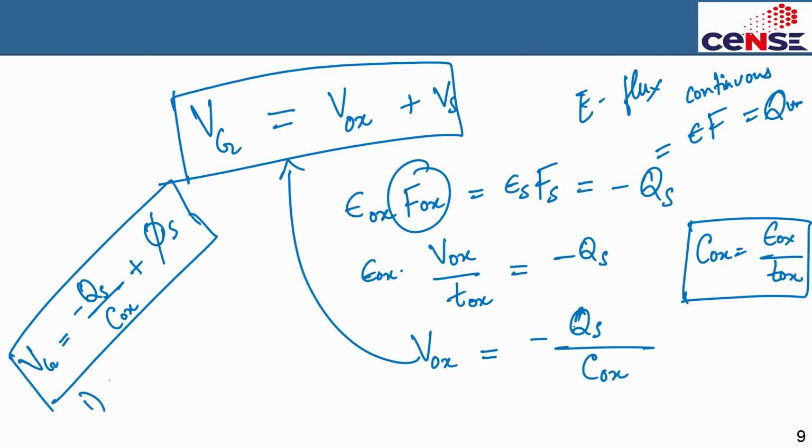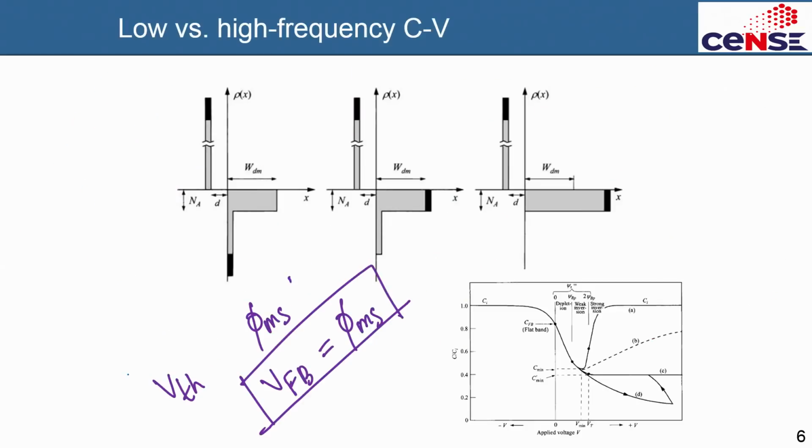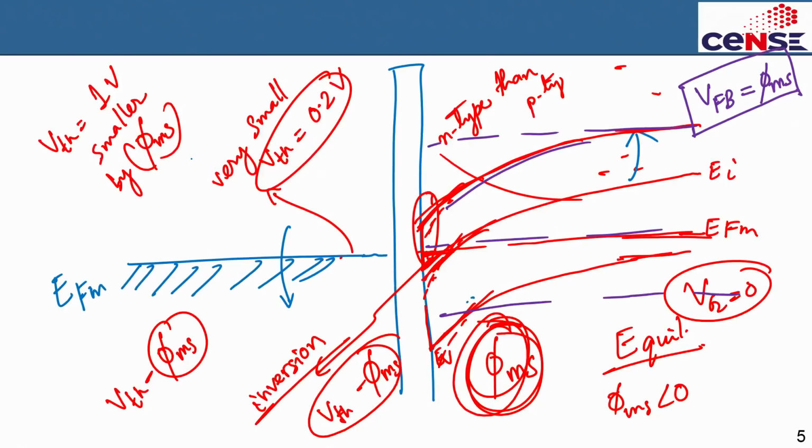Now first thing is that we should know the total capacitance of the system, C. You can think of it as the total charge stored in the semiconductor divided by the change in the gate voltage, okay.